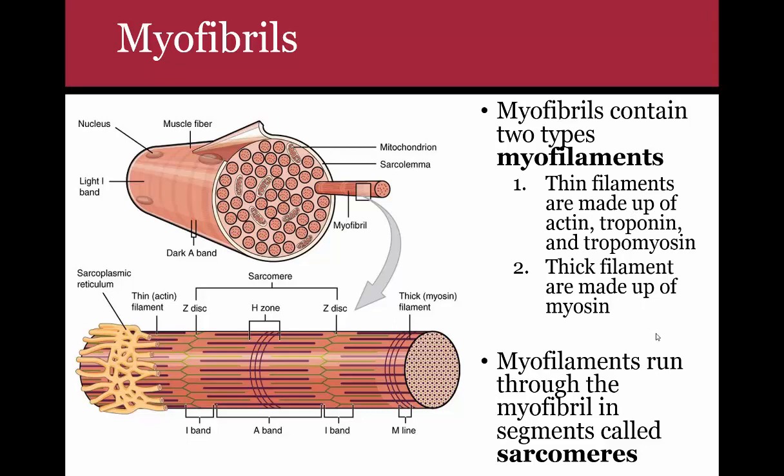And then they have thick filaments, which are made up of myosin. Basically they work together to cause sliding between those structures, which causes contraction of the muscle. I don't want you to really memorize any of this with the exception of the hierarchy where you have a muscle fiber, you have myofibril, and then myofilaments within the myofibrils.